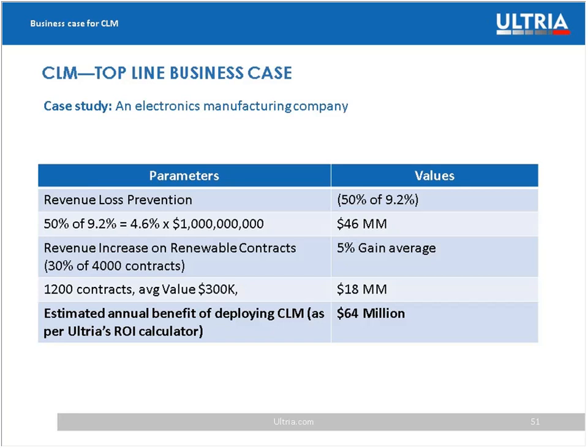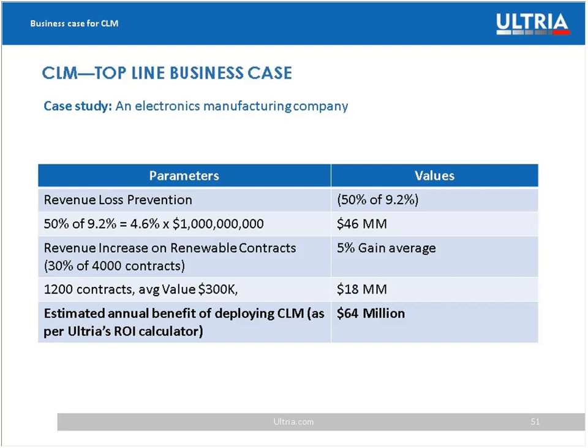On average, if you have 30 days notice before a contract renews, and I believe this was based on either Accenture's or Goldman Sachs' research, and I can get you the specifics, there's a 5% gain or net revenue increase on renewable contracts when you have sufficient knowledge. So if I look at effectively 30%, and again, that's conservative.